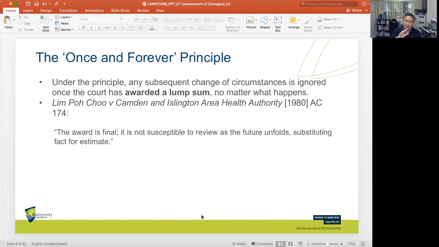Somebody may not be working today, but had it not been for the accident, that particular plaintiff may end up having work later on. A parent, for example, may claim that my child could potentially have become a physicist or a judge and earn hundreds of thousands of dollars.